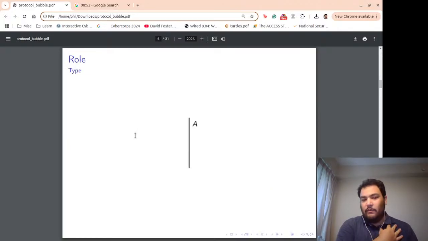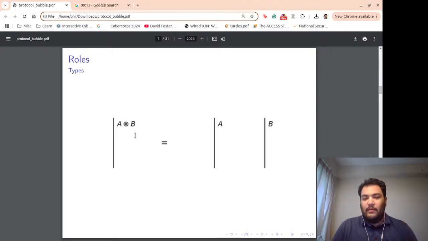Okay, so one of the things that's in a protocol is a role. So some actor has some behavior that is specified by the protocol. One of these I'm going to call Alice. I'm going to denote it with A. But there's more than one role. There's a bunch of roles.